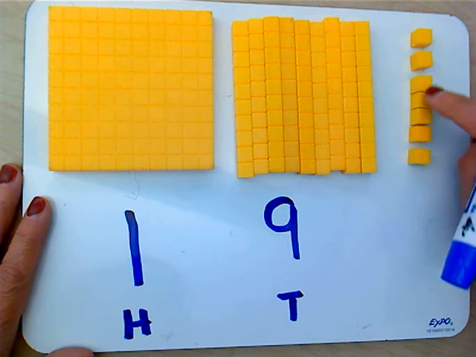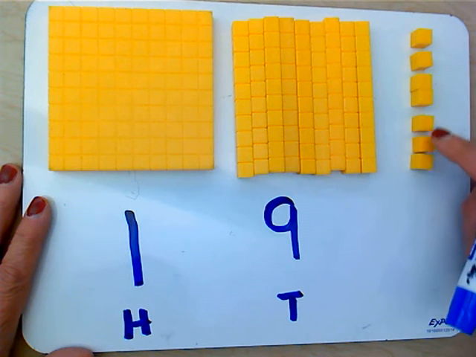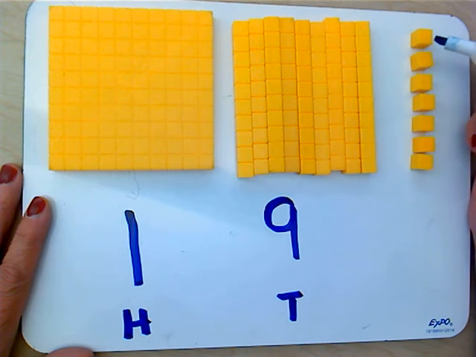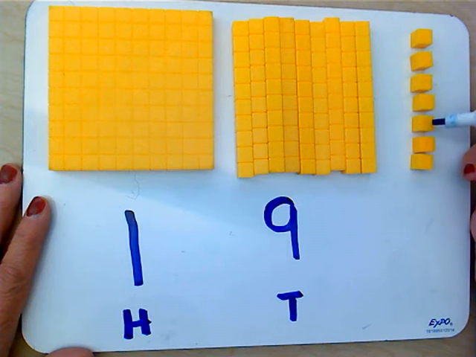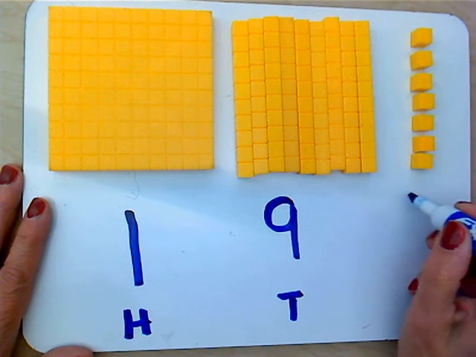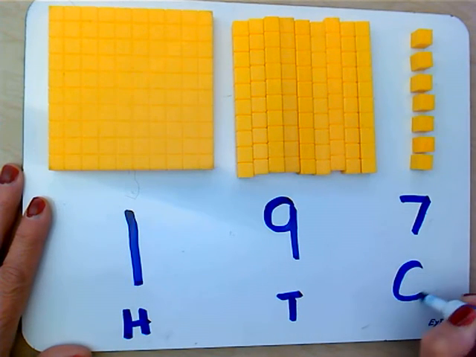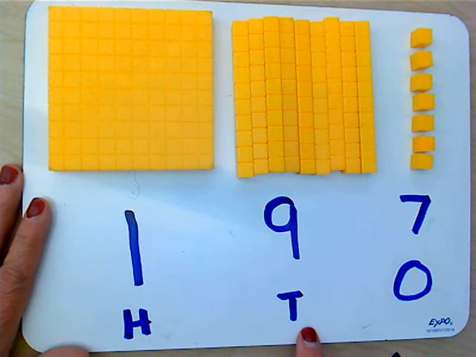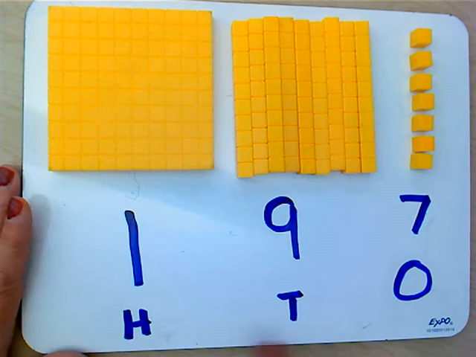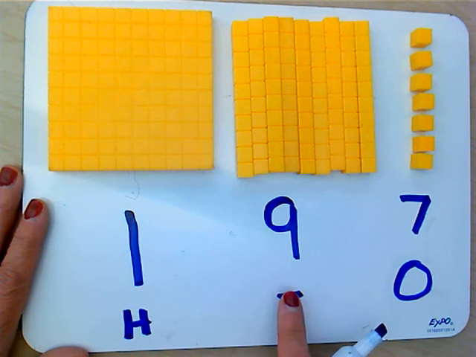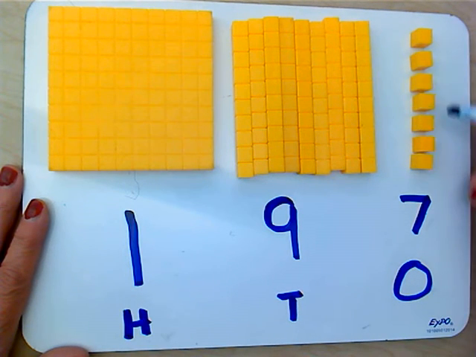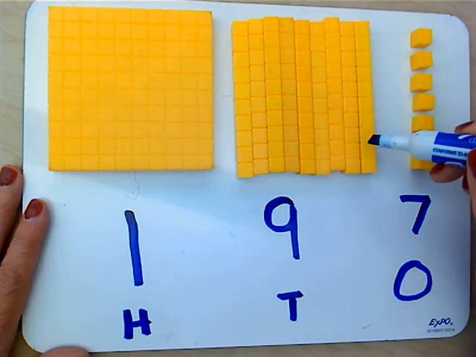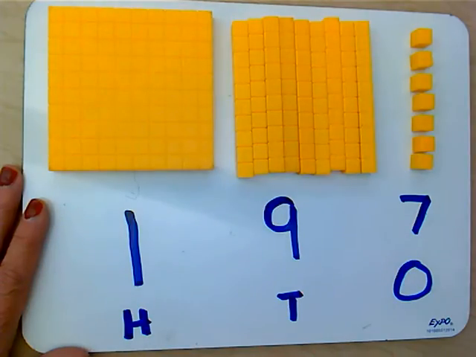I'm spreading those out just a little bit so we can count them easier. So I have 7 ones. So if I have one group of 100, 9 groups of 10, and 7 ones, I have 197.